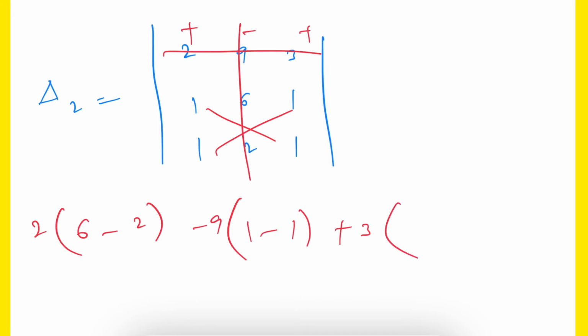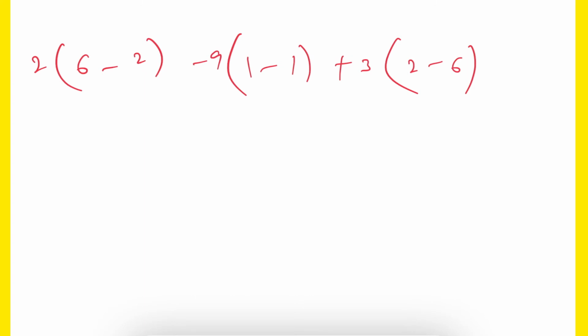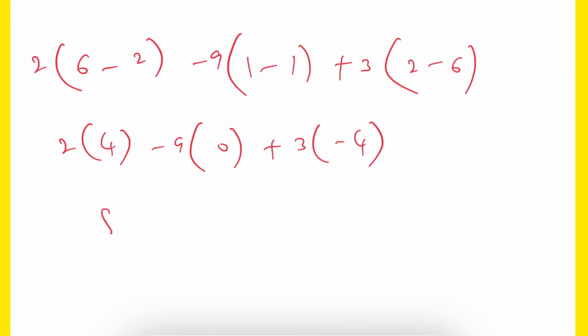Then comes plus 3 into 1 2s are 2, minus 1 6s are 6. Now 2 into 6 minus 2 is 4, minus 9 into 1 minus 1 is 0, plus 3 into 2 minus 6 is minus 4. 2 4s are 8, minus 9 into 0 is 0, 3 into minus 4 is minus 12. So minus 12 plus 8 is nothing but minus 4.